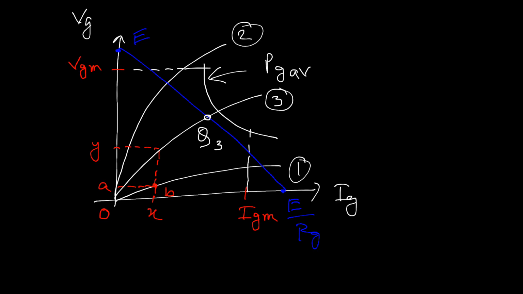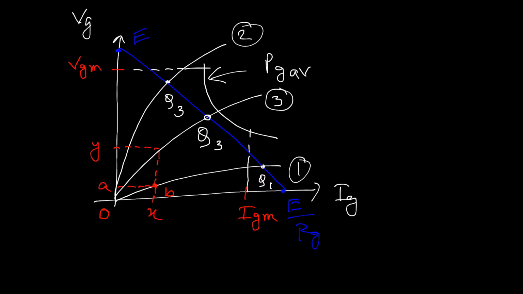Again, when characteristics curve 2 and curve 1 coincide on a particular point of the load line, it can be defined by, suppose, Q2 and Q1. That means the operating point must lie between two allowable operating points, that is Q3 and Q1.